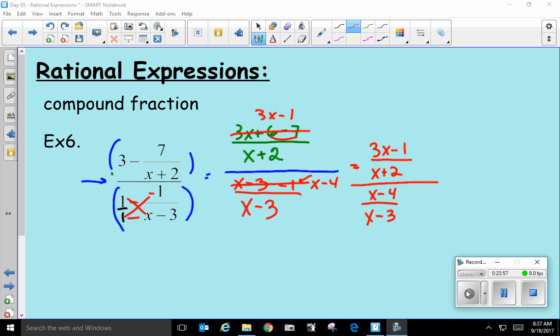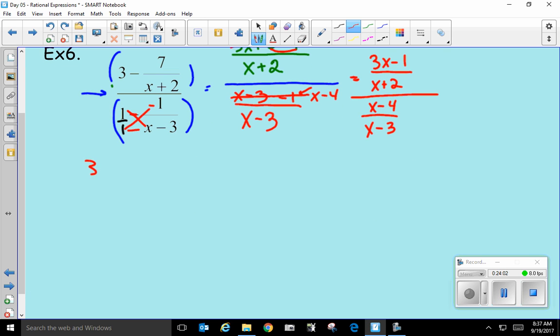Isn't that the same thing as saying 3x minus 1 over x plus 2 divided by x minus 4 over x minus 3? That's the same thing, isn't it?